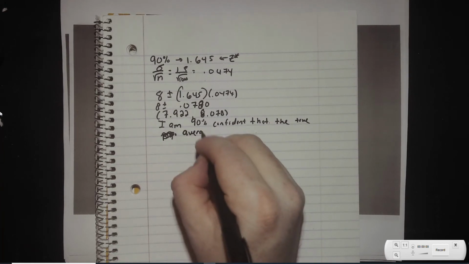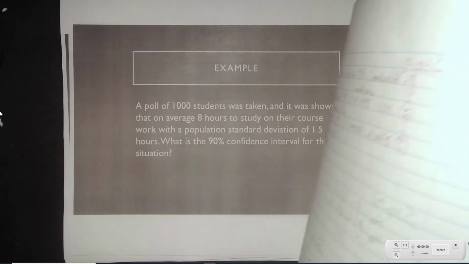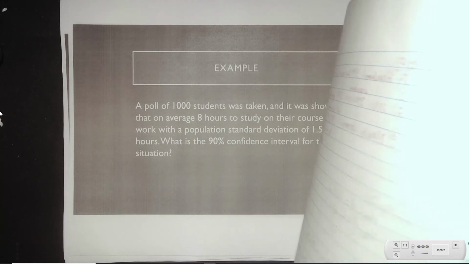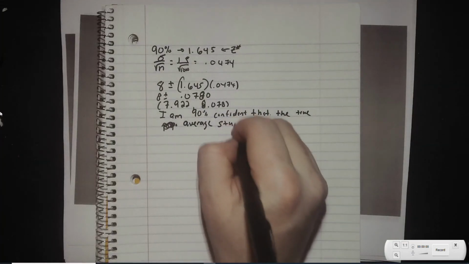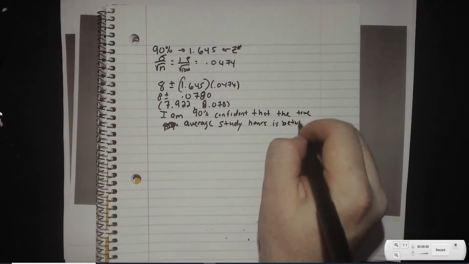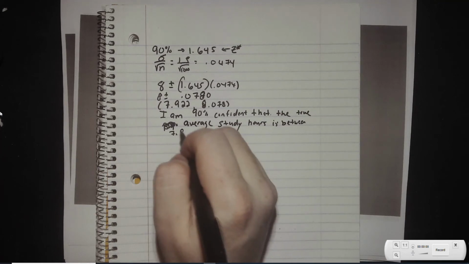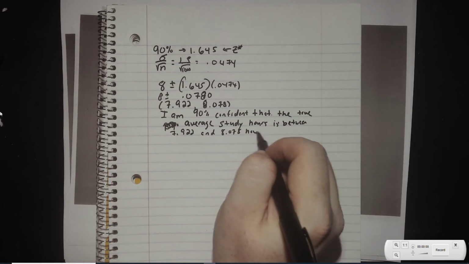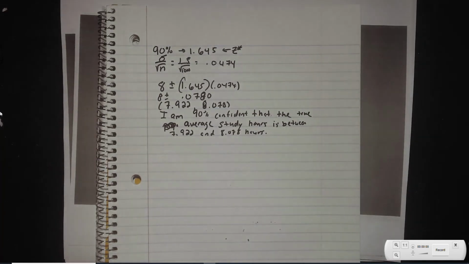So the true average of study hours is between 7.922 and 8.078 hours, and that's kind of a big difference there. We're not talking about percentages, we're talking about hours, so just keep that in mind. These are not percentages, these are hours. So we want to make sure that there's an actual unit on that one.